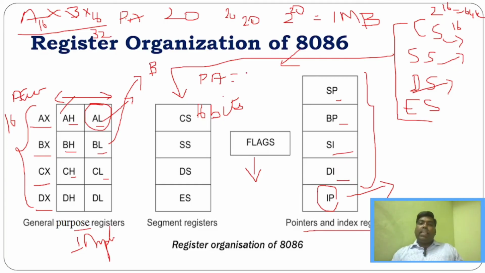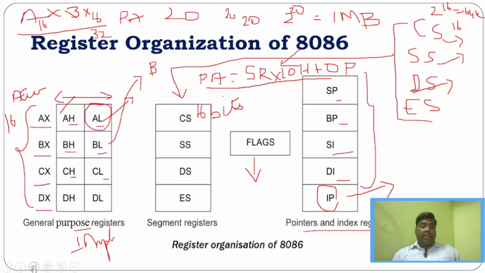To calculate the physical address, we will have the segment register. This is the formula: segment register into 10H plus offset pointer. What is the offset pointer? Now you can see this is the formula to calculate the physical address.